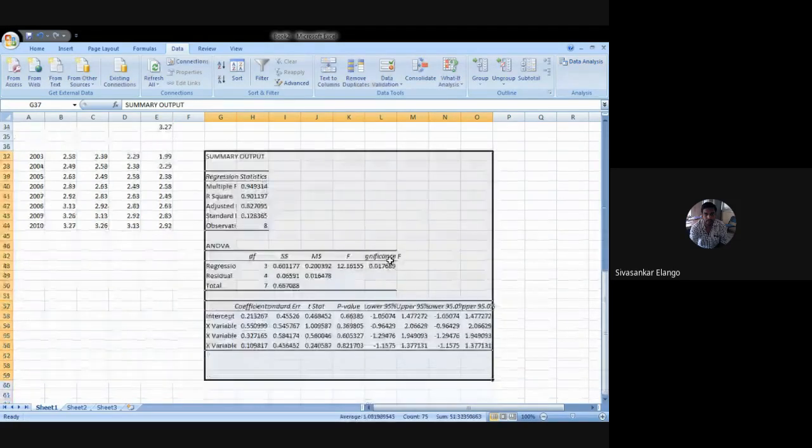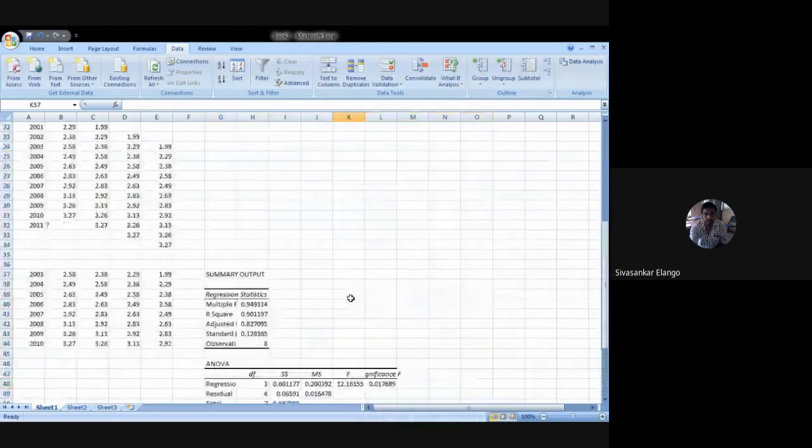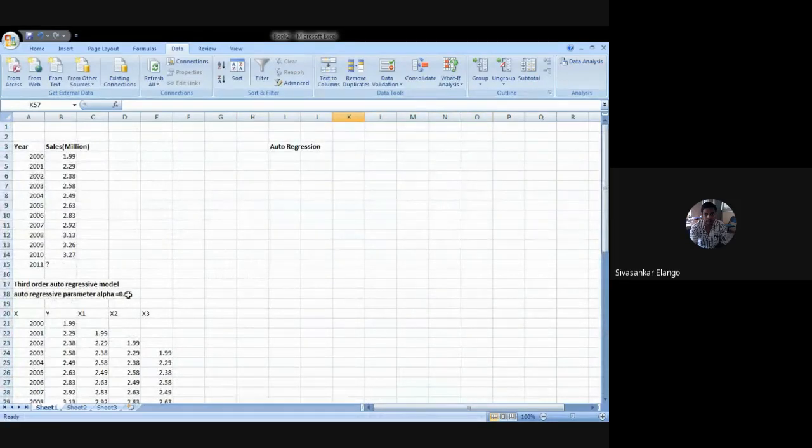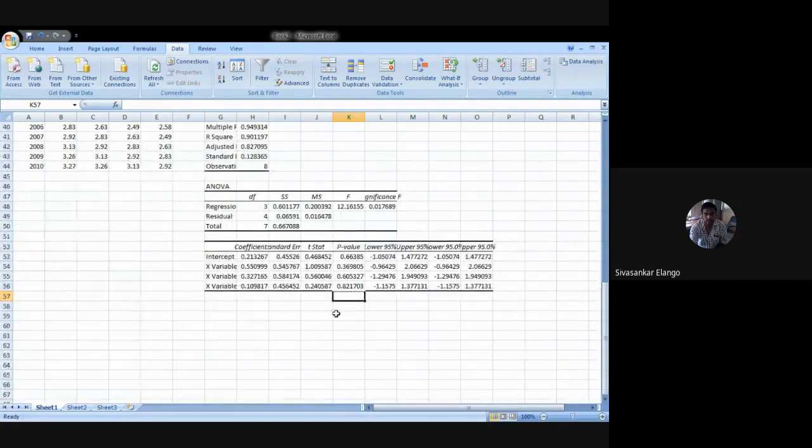So here we need to check for the p value. They have given the auto regressive parameter alpha value as 0.05. The p value is going to be 0.821. Right.